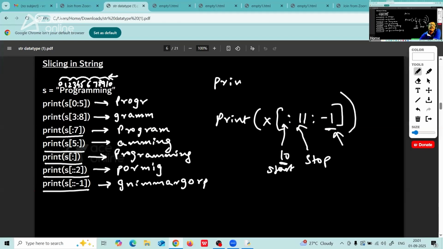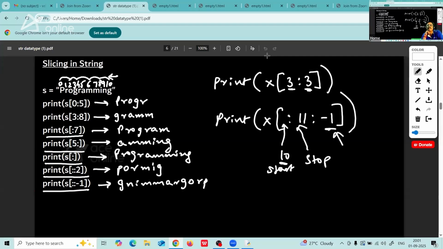Suppose if I give like this, print X, let's say 3 colon 3. So you mean start is 3, stop is 3, and increment is plus 1 because you are not given increment. You tell me, isn't stop 3 meaning 2? So you are saying that you will go from 3 to 2 in increasing order.